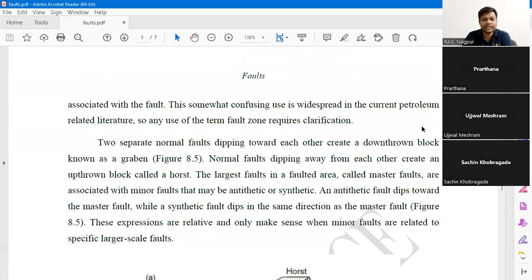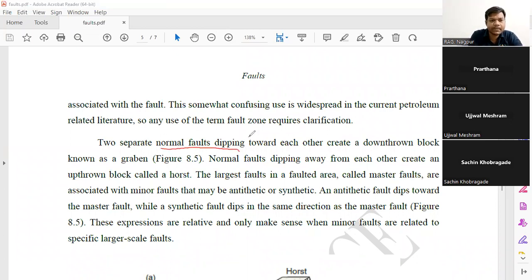Now, the structures which are related to normal faults, not reverse faults. If two separate normal faults dipping towards each other create a down thrown block, this structure is known as a graben.